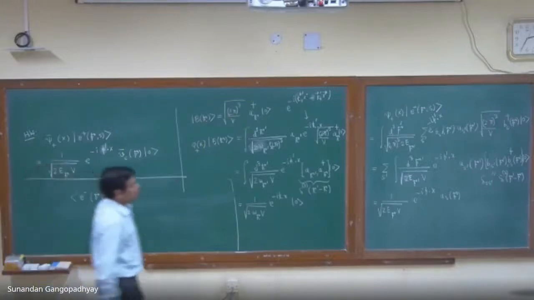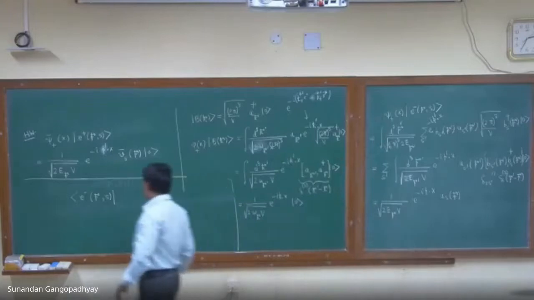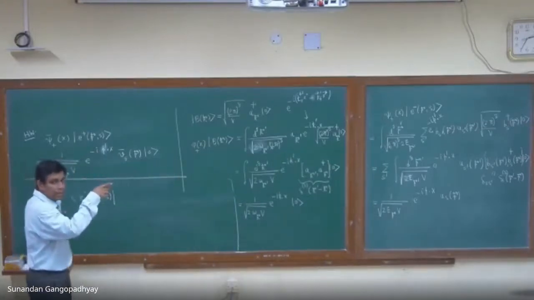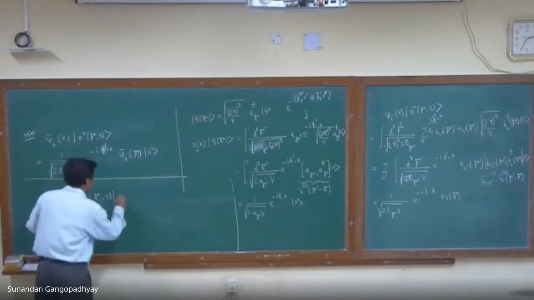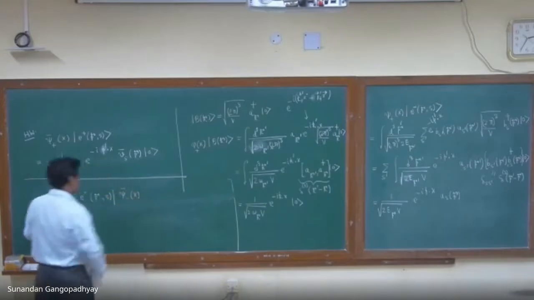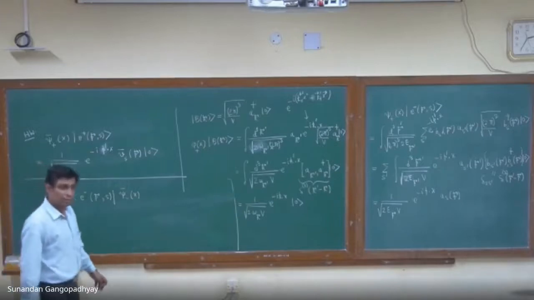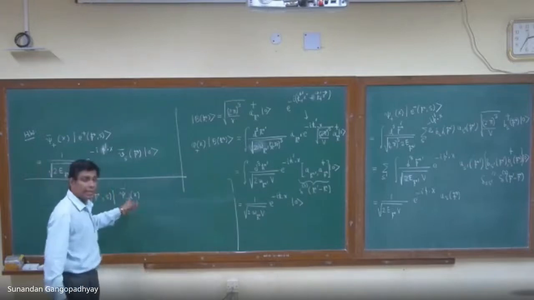So if you remember that this psi plus on that side, when it acts on the right hand side, it is basically annihilating an electron. So if you take a bra of that, you get this psi bar minus. What is psi bar minus doing? Psi bar minus is creating an electron on the right hand side.